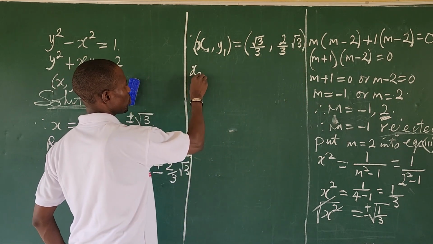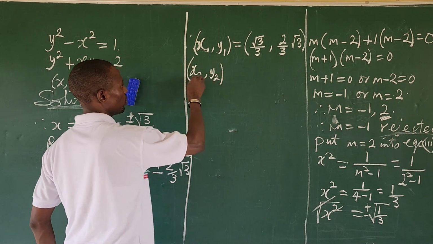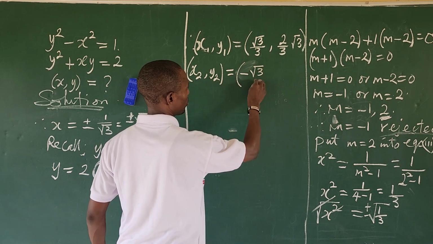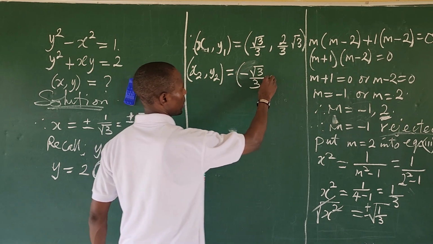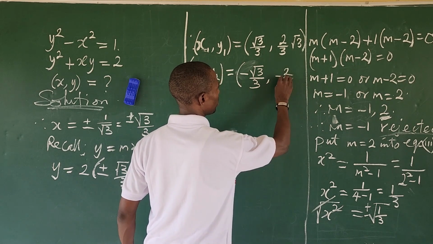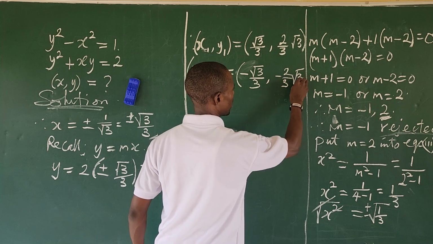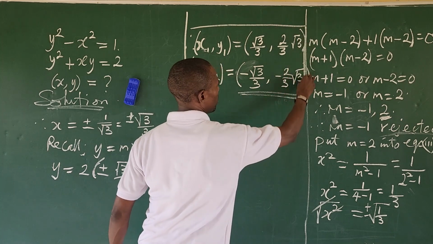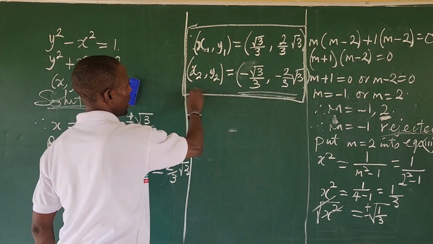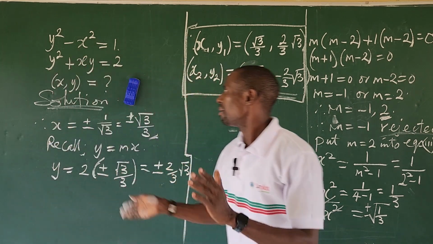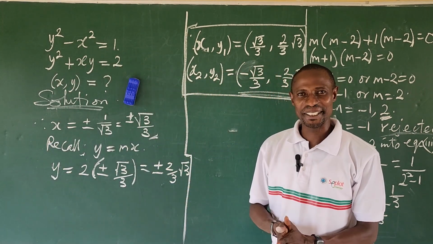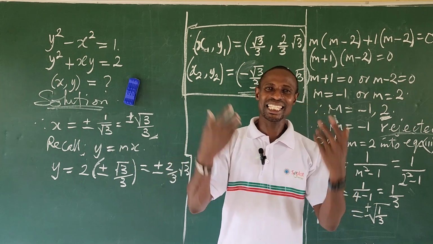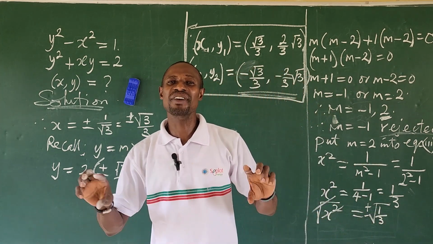Then (x2, y2) will be equal to minus root 3 all over 3, comma, minus 2 all over 3 root 3, close bracket. All right, so these are the two possible pairs to our simultaneous equation. This marks the end of this simultaneous equation using two different approaches.